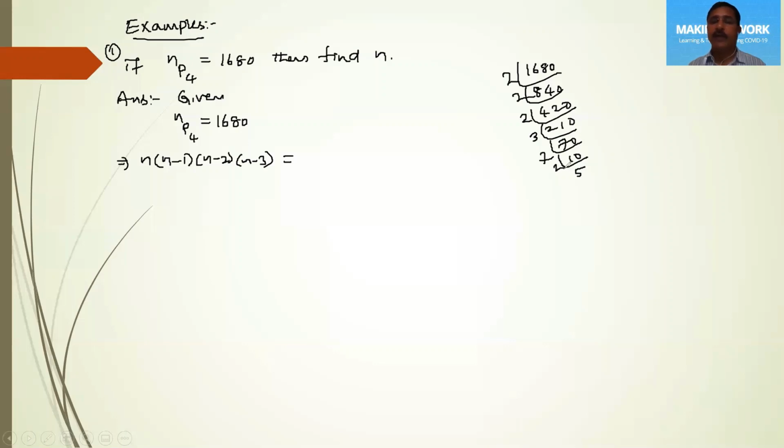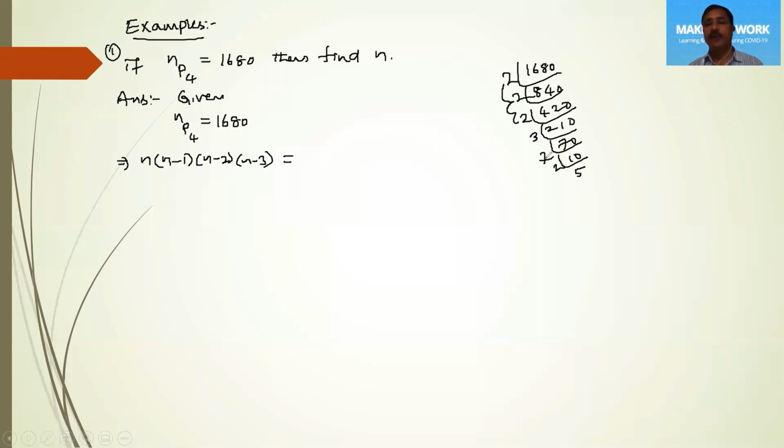So now let us see how we can express this as the product of 4 consecutive numbers. Suppose I express it as 7 into 6 into 5 into, here we can get 8, the product of these 3 prime numbers, 2 into 2 into 2.